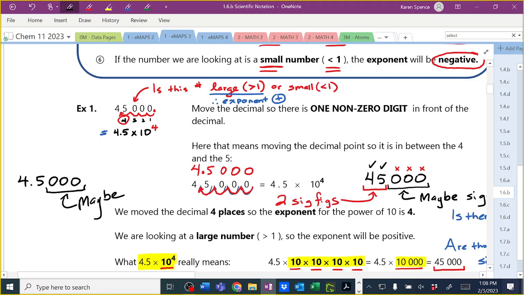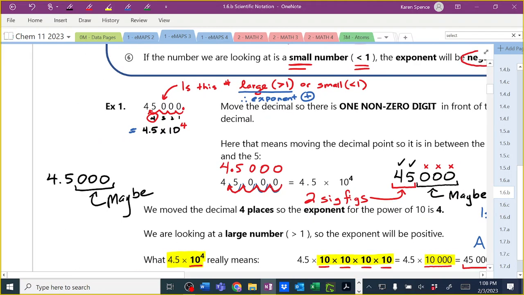And what do we ask ourselves when it's maybe? Is there a decimal? And in this case, is there a decimal? Yes. It is right there. So yes, there is a decimal.